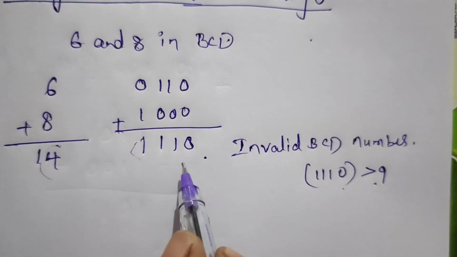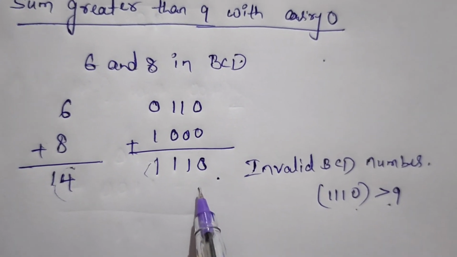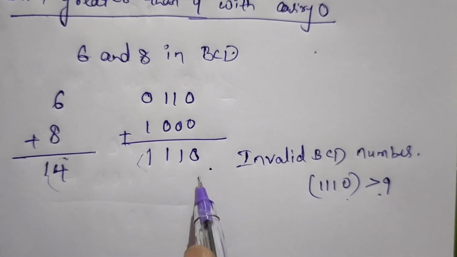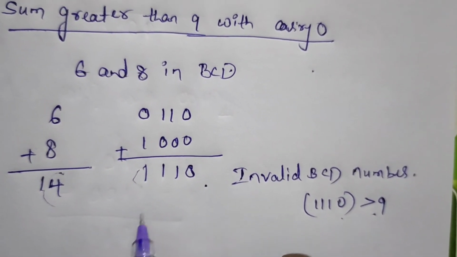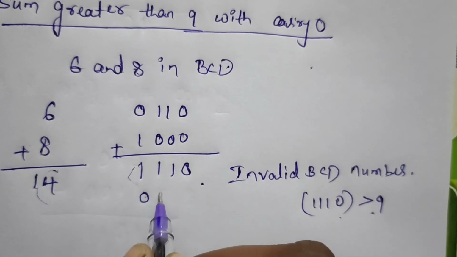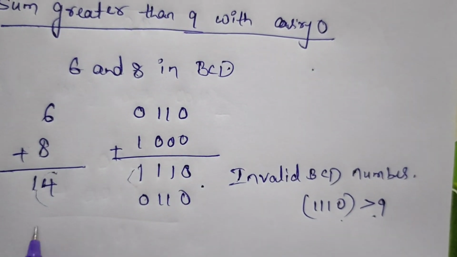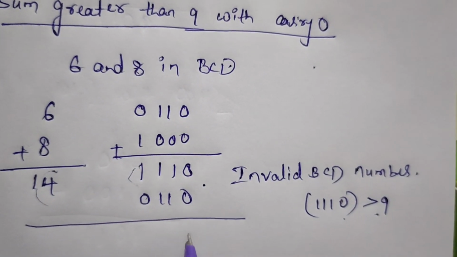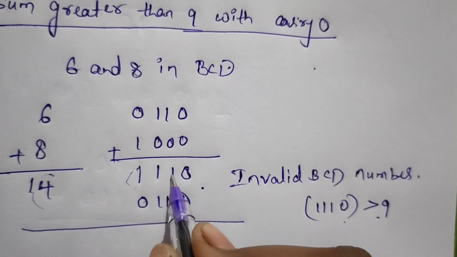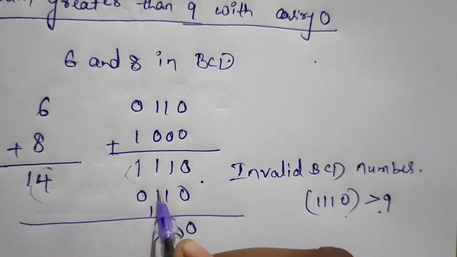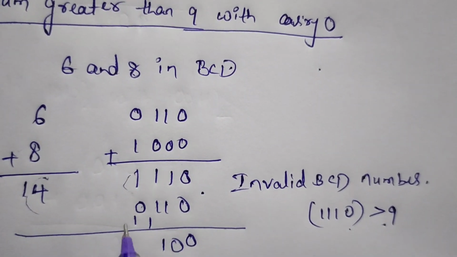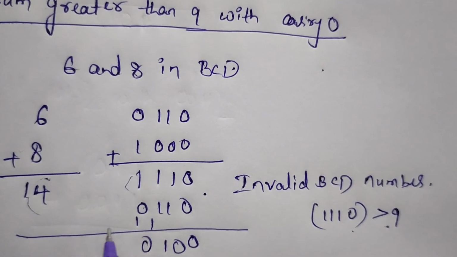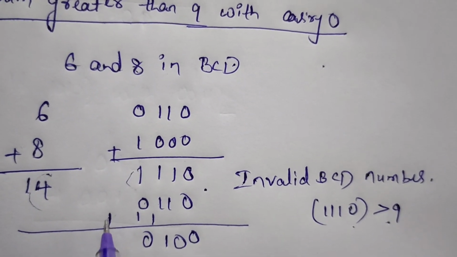Whenever this condition occurs, it is to be corrected by adding the invalid BCD sum with 6, that is 0110. So we get the sum and carries, and the carry is left.